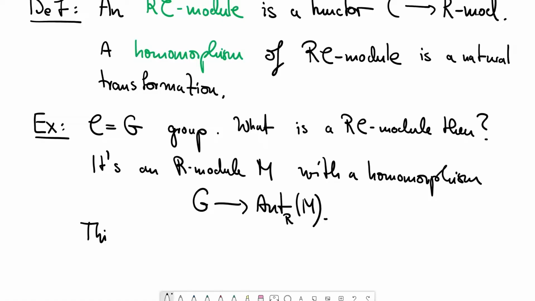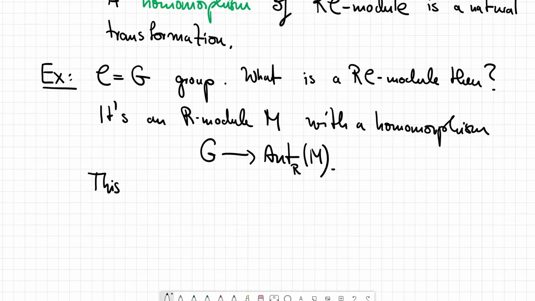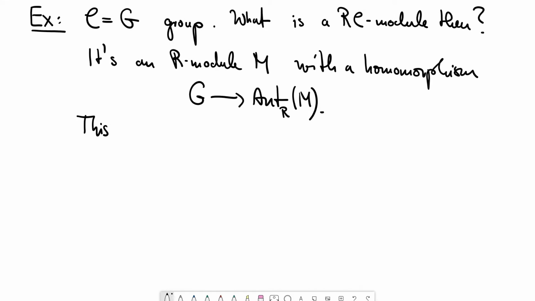And this is the same structure as a module over the group ring, which is something that I don't want to spend a lot of time on now. I just want to mention this.